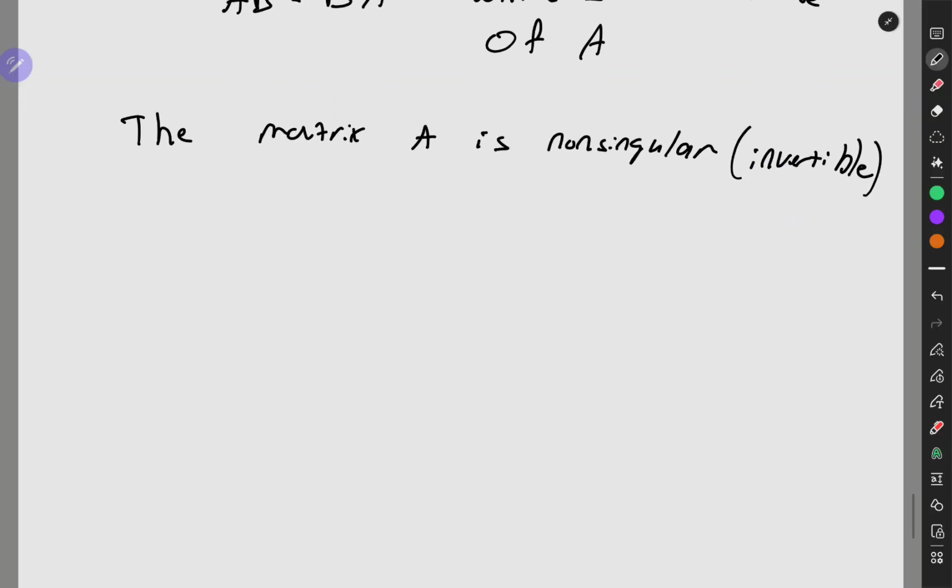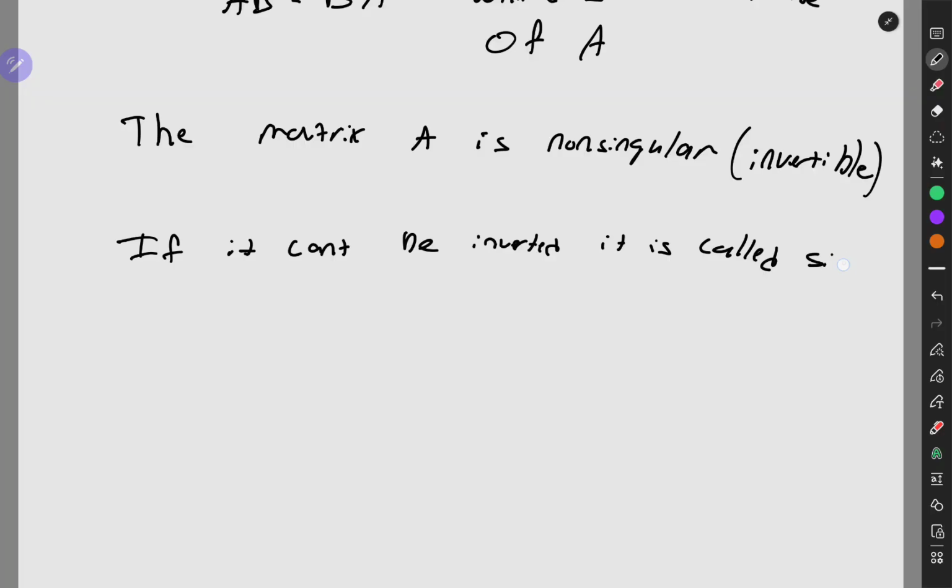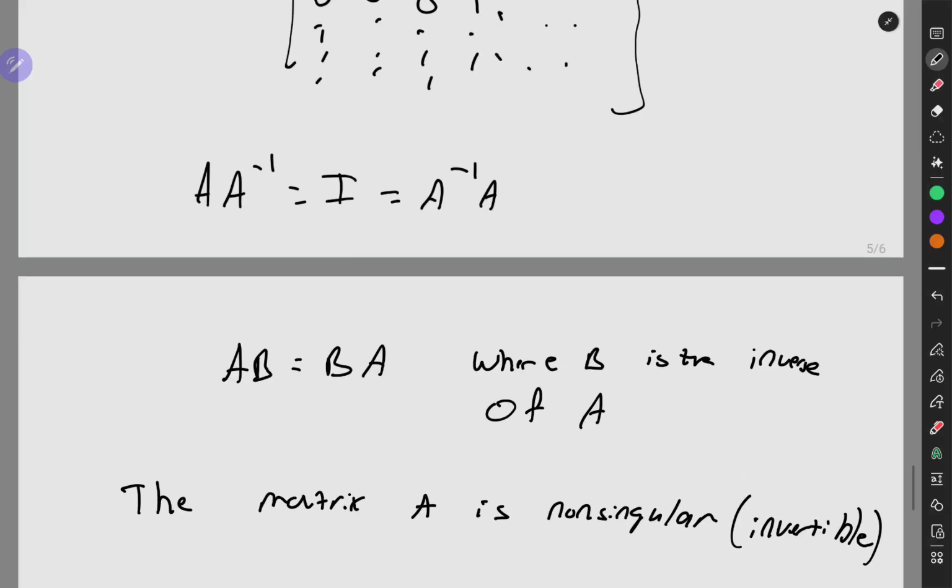Matrices that cannot be inverted are called singular. I'll get more into this in the next video, but this helps us move some matrices around. As long as the matrix A is invertible, it can be said that A times its inverse is equal to the identity matrix.